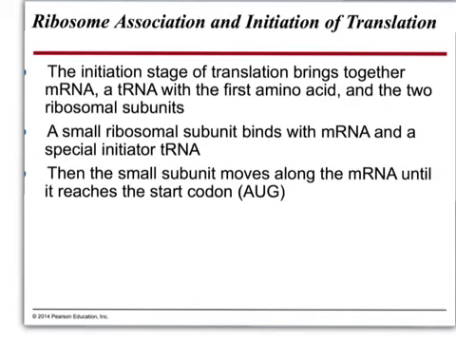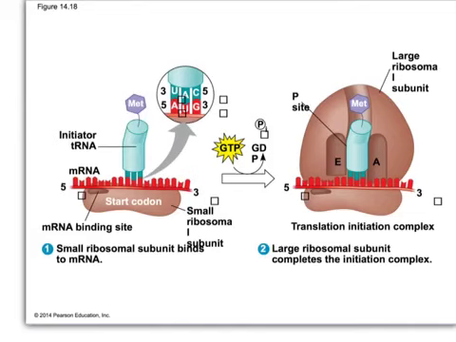So now what have we done? What has the ribosome done? We've assembled a complex where along the mRNA? At the start codon. We've now found the right starting point. So here's what it looks like. Here's your start codon. The small subunit places itself in the right position so that the start codon, AUG, is in the P site.